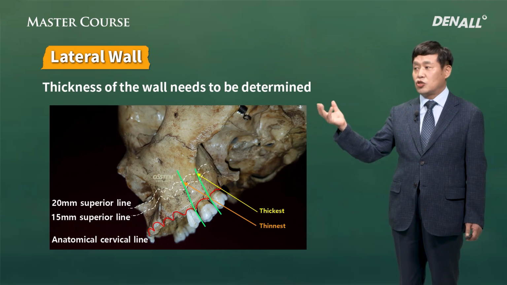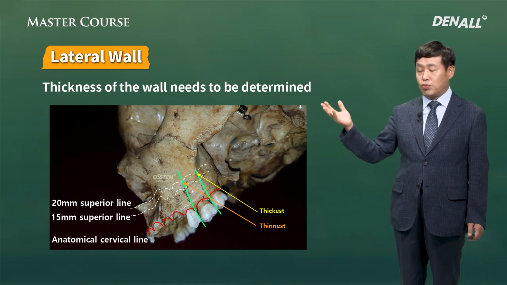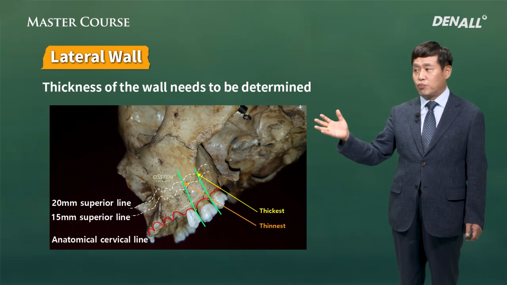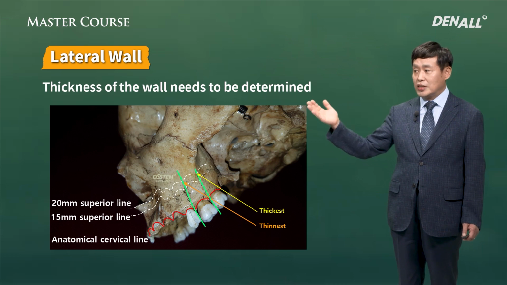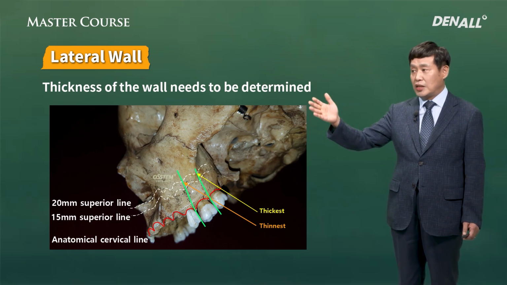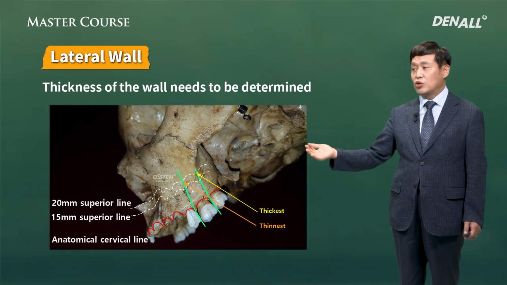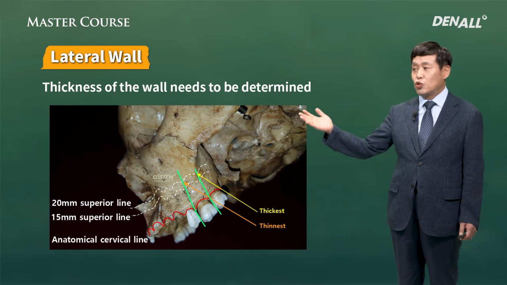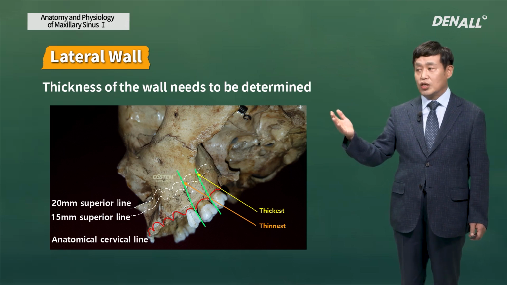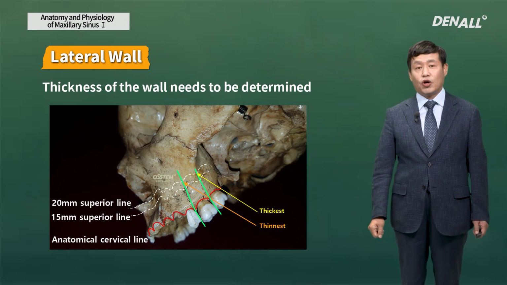So sometimes it can be very difficult to make a window there in some patients. For some patients, it is easy, but in general, between the first and the second molars, the thickest part, the zygomatic buttress, comes down and there's a curvature. In the mesial to that, a lateral approach can be easily done, but distal to that, it is difficult.